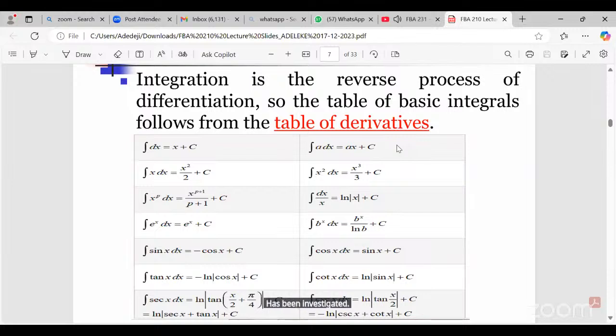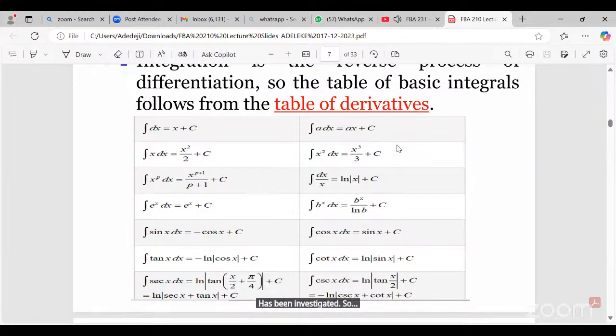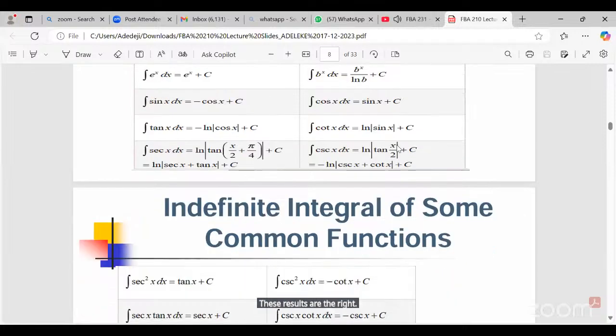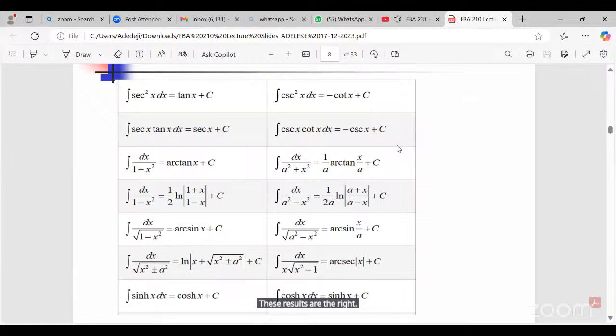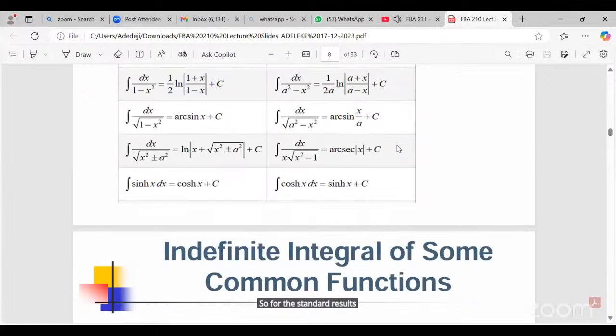So these are basic results of standard integral. And it is expected that at this level, we know how these results are derived. Further standard results are also presented.